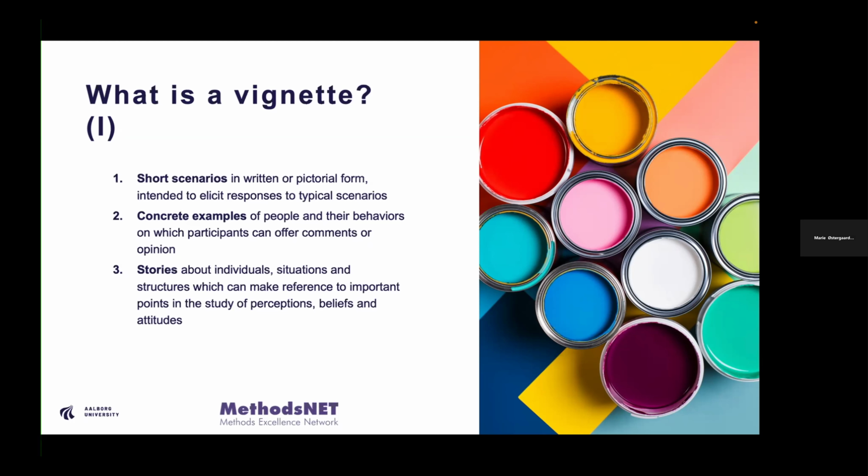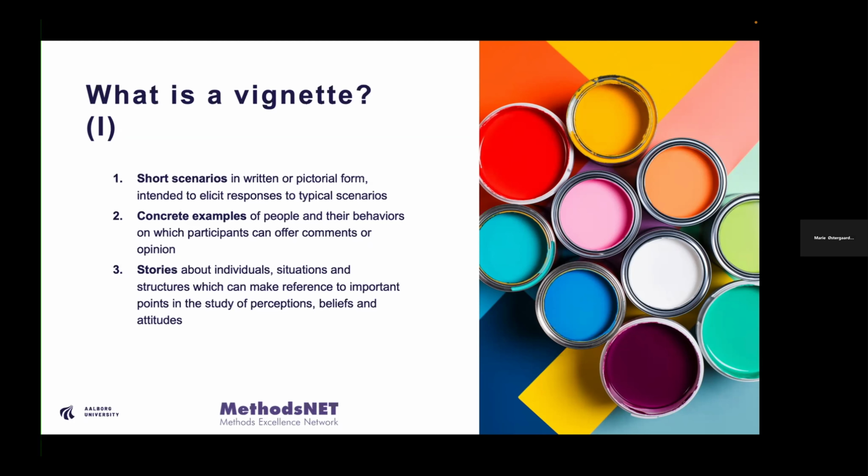And one very important thing here in terms of defining a vignette is that what we are trying to do actually is to get a little bit closer to real life situations.